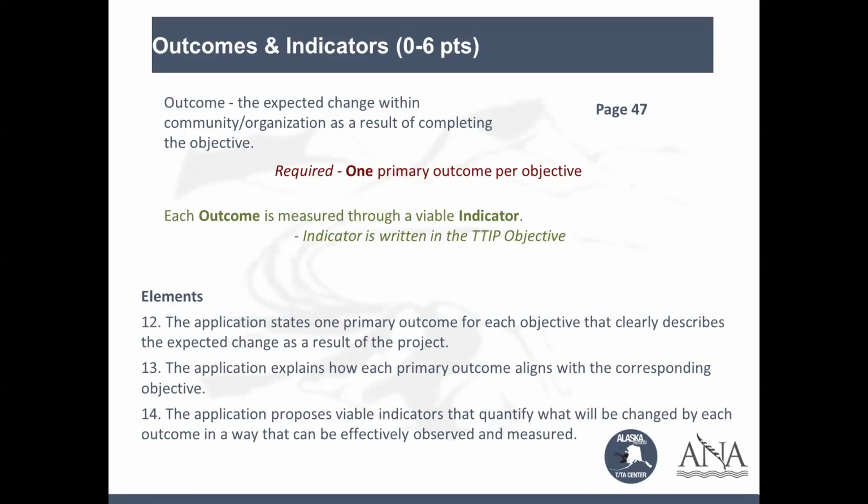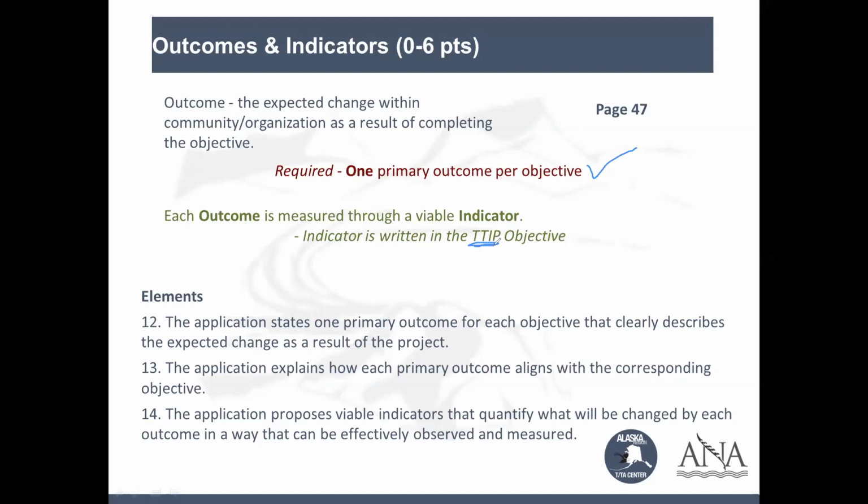The outcomes and indicators subcriteria is worth up to 6 points. The outcome is the expected change within the community or your organization that is a result of completing the objective. ANA requires one primary outcome per objective. Each outcome is measured through a viable indicator, and remember that that indicator is written in the objective itself.